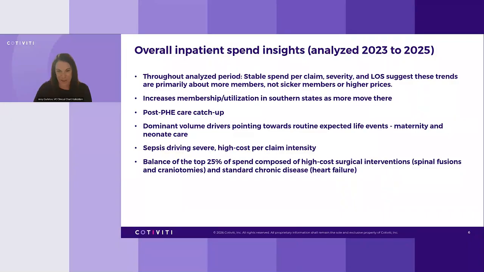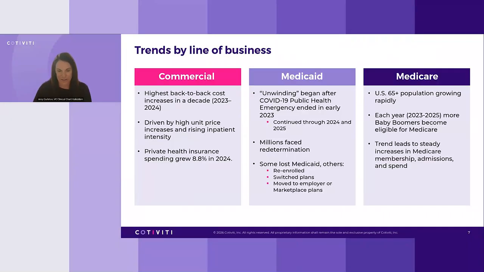So as we advance forward in our trends, we did analyze by line of business. We know that there are unique populations within each line of business and thought it was critical that we analyze those. So there have been distinct patterns that have emerged when we analyze commercial, Medicare Advantage, and Medicaid.